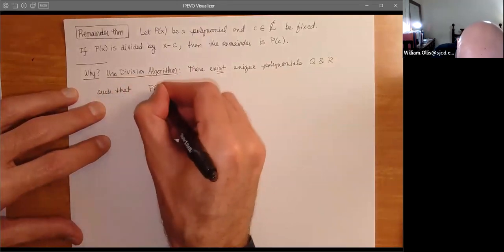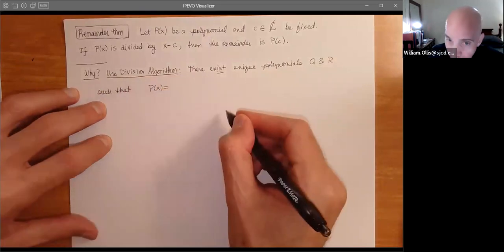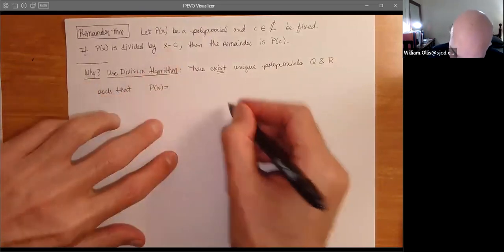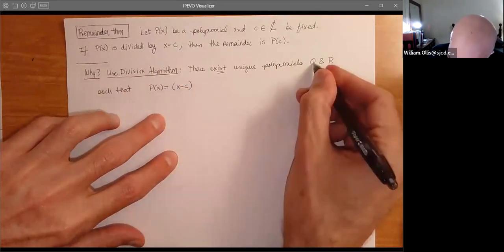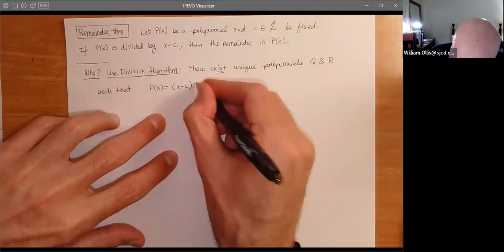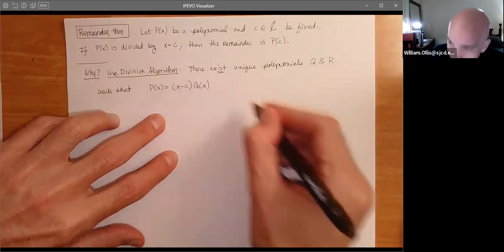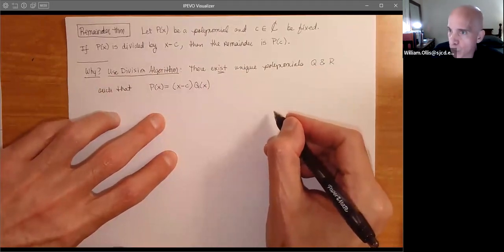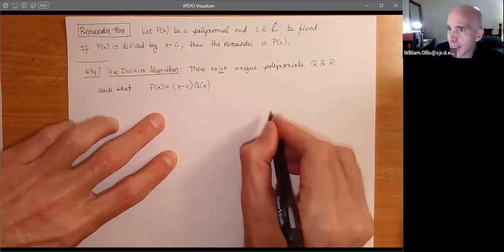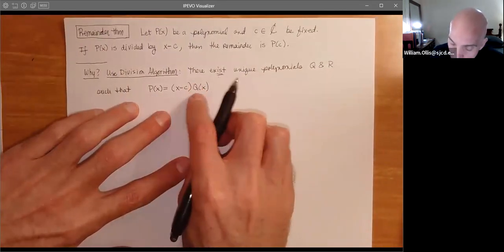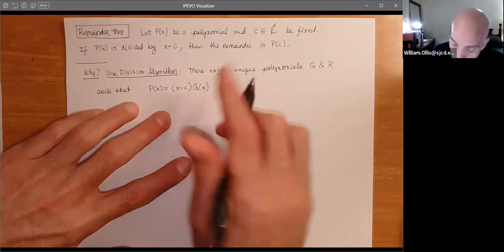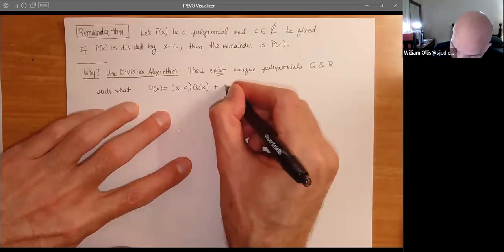P of X equals the divisor, which is X minus C, times the quotient. You see how we kind of needed this back in the last section, but we intuited the ideas based on what you'd already done. So we get the divisor times the quotient plus the remainder.